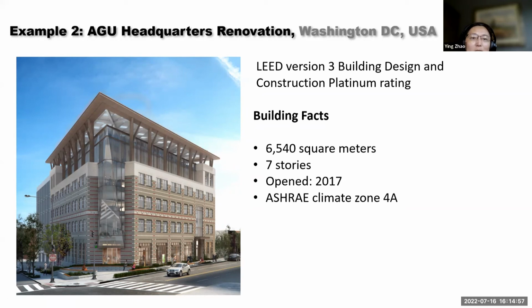It's an urban tight site, so you can see the site is just about the same size as the building, and it has 7 stories. It's in Washington D.C., also a similar climate to the other example.